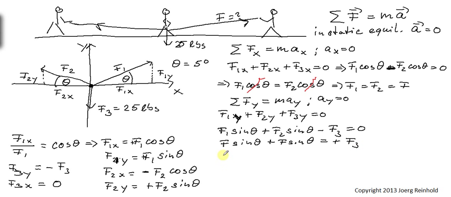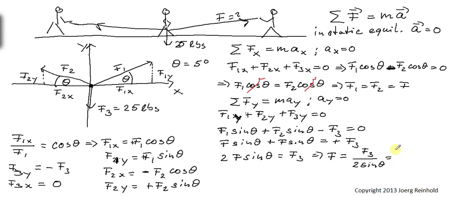So I get 2F times the sine of theta equals F3. From that it follows now that the force that the two students have to pull with is F3 divided by 2 times the sine of theta.